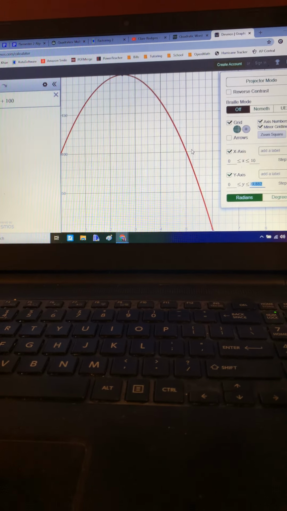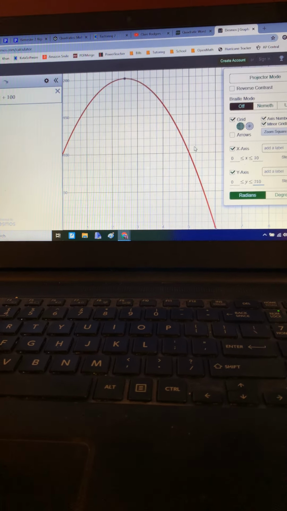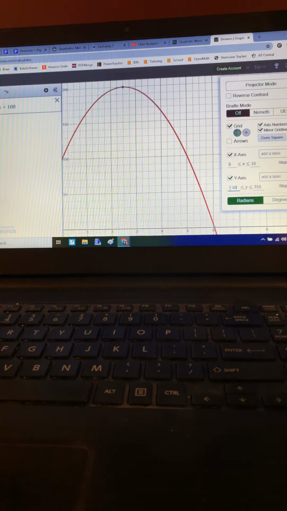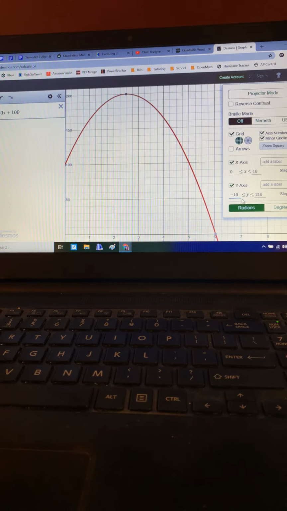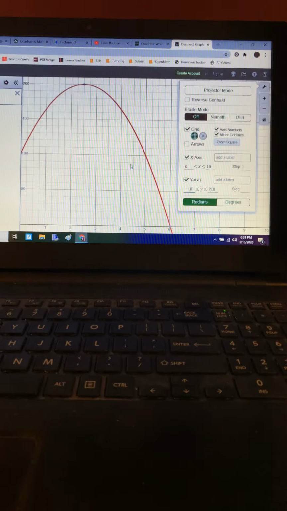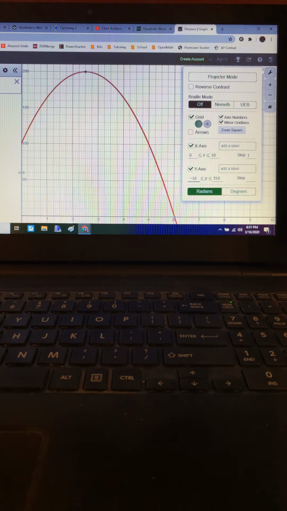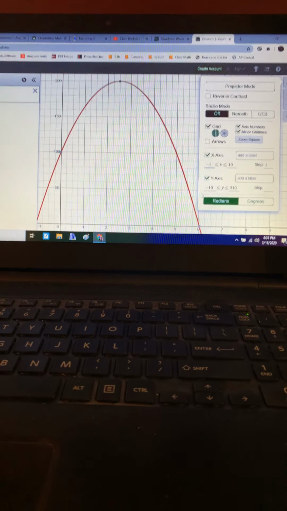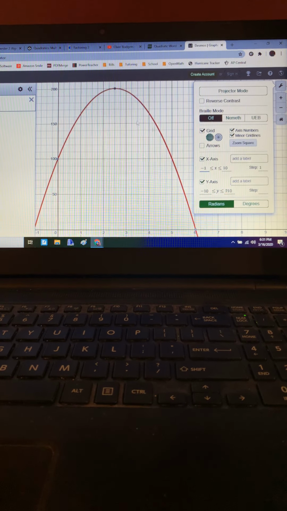So let's just go to like 210, just to get a little above it. And let's go -10 just so I can see my x-axis. There we go. -10 to 210. Right, now you can see your x-axis and you can see your y-axis. Maybe let's go a little bit low, -1. There we go. Just so I can see the full thing.